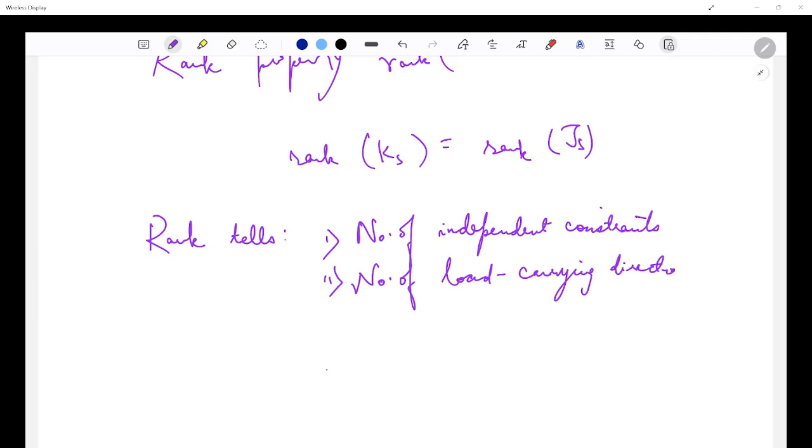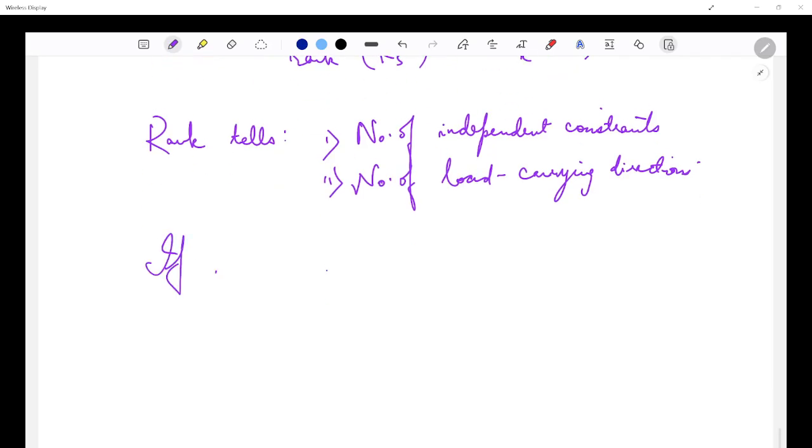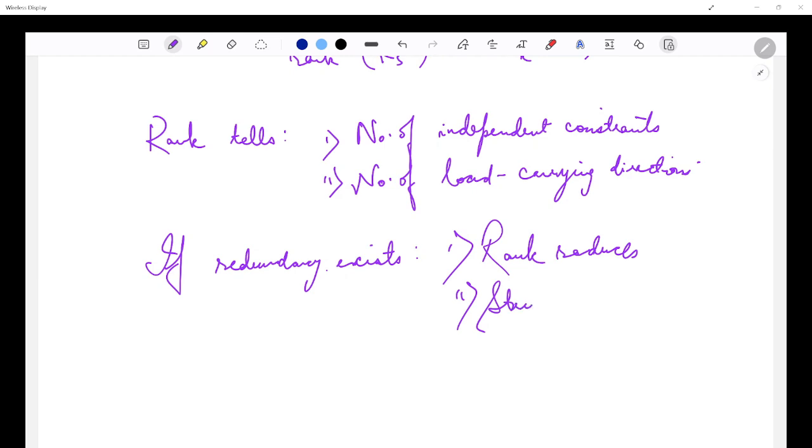Okay, and if redundancy exists, the rank reduces. Structure has mechanisms or flexibility.